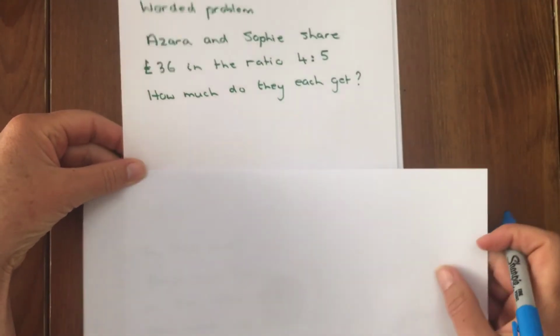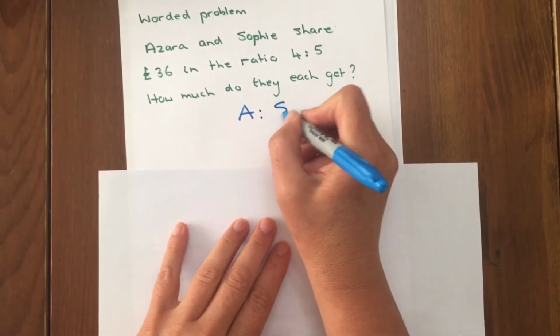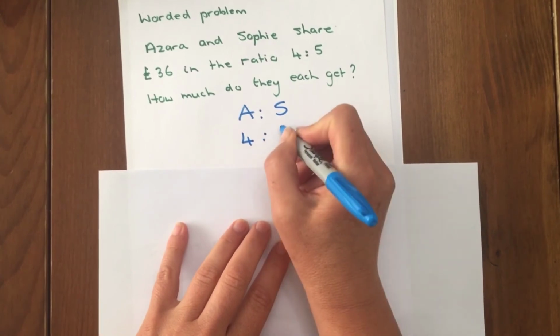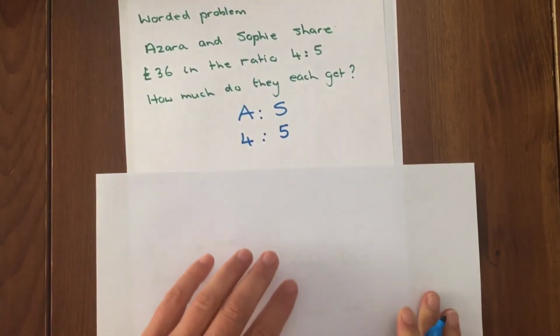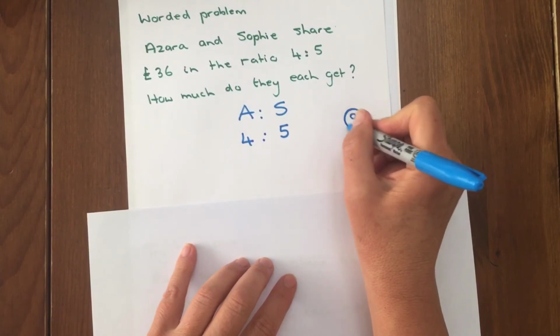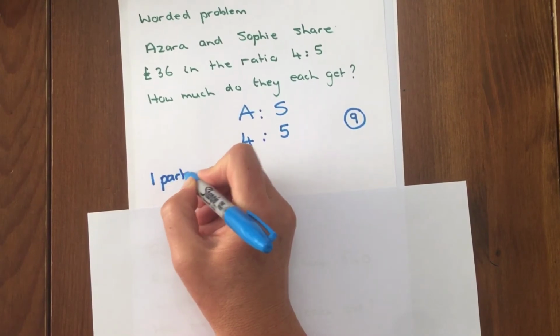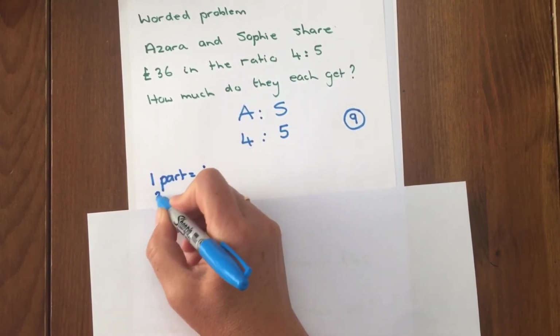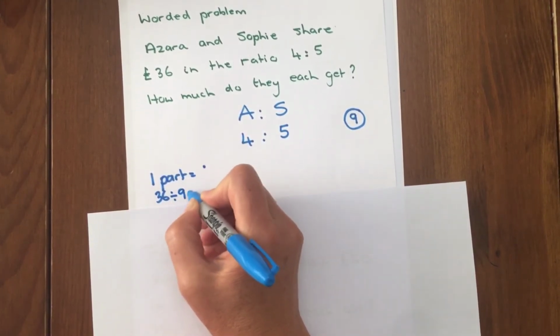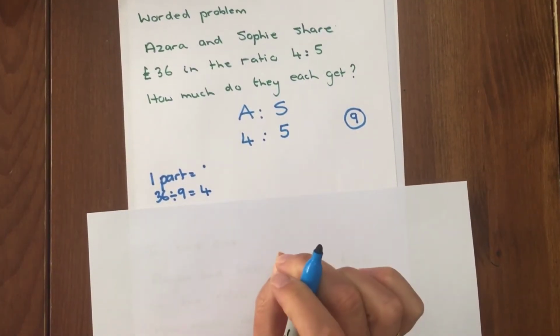Right, so Azara to Sophie share in the ratio 4 to 5. So the total parts is 9. So one part or one share is 36 divided by 9, which is 4. So one share is worth £4.